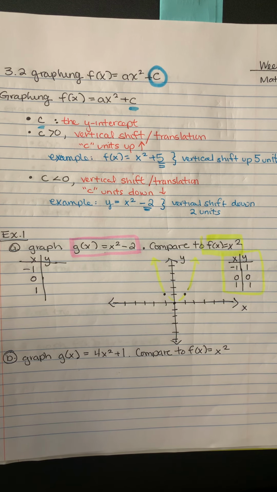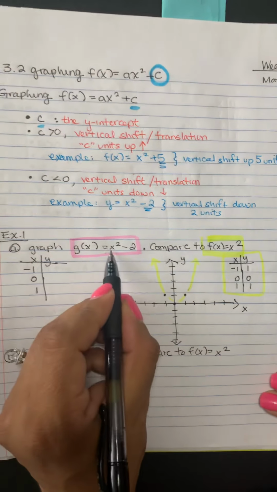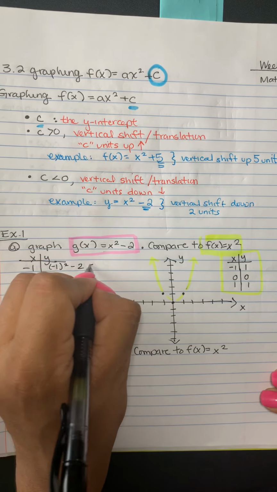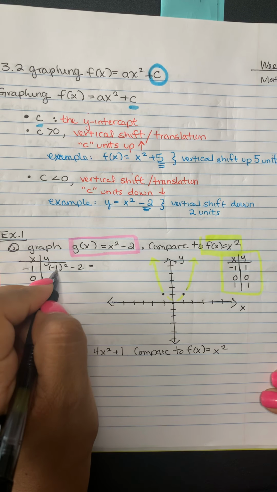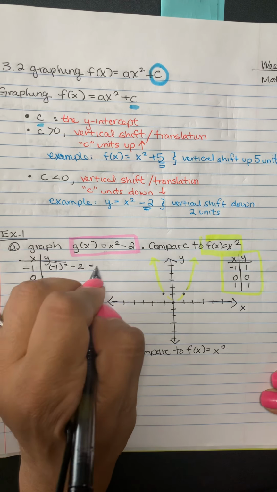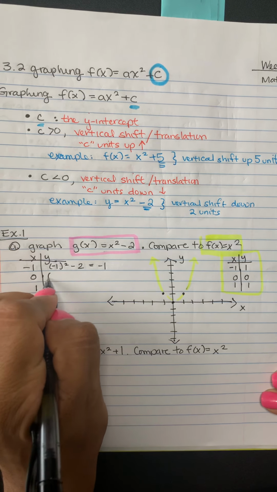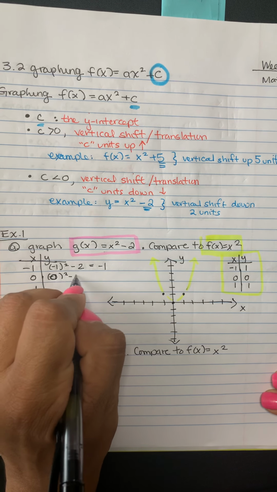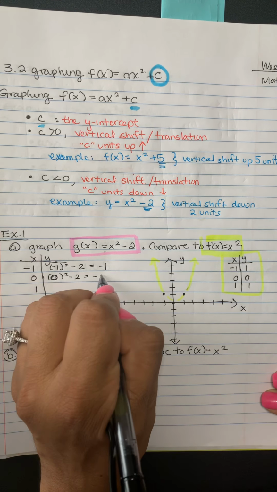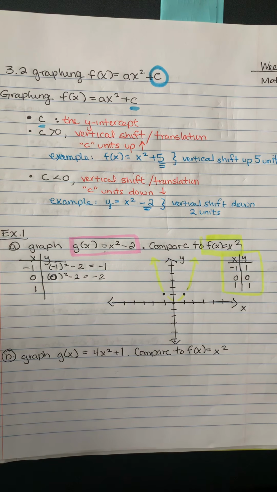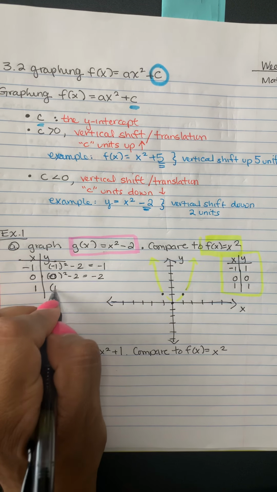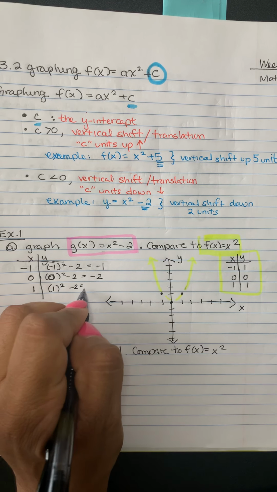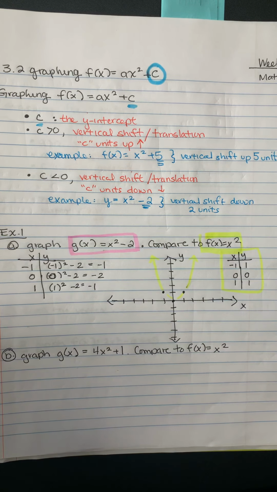So we're going to take that -1 and we're going to plug it in here. -1 squared minus 2. -1 squared is +1. 1 minus 2, that gives you -1. Okay, so, whoops, 0 squared minus 2, negative 2. Okay, and again, I'm just putting this in. 1 squared is 1, 1 minus 2 is negative 1.